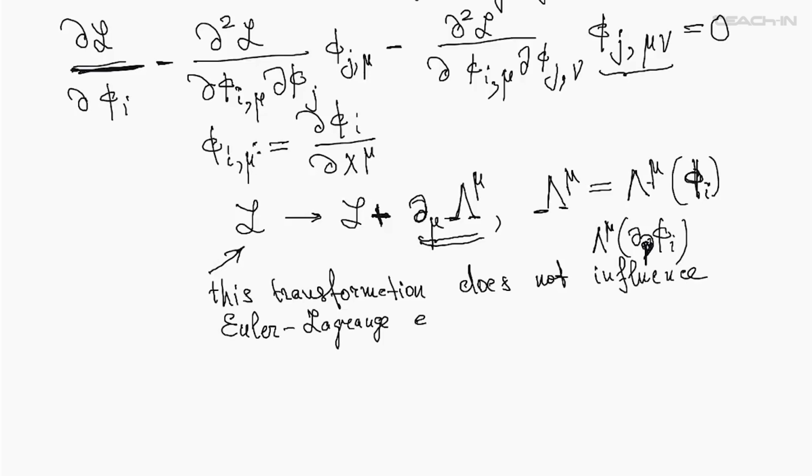And then I said that I require that this lambda mu depends only on the fields phi I, but not on their derivatives.